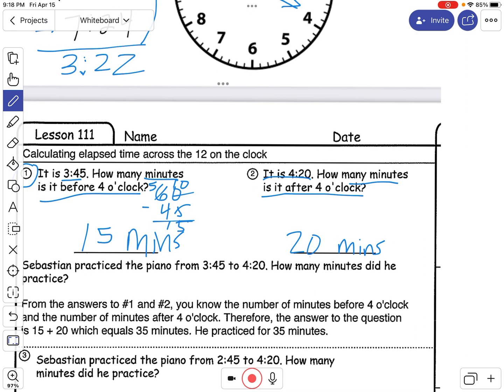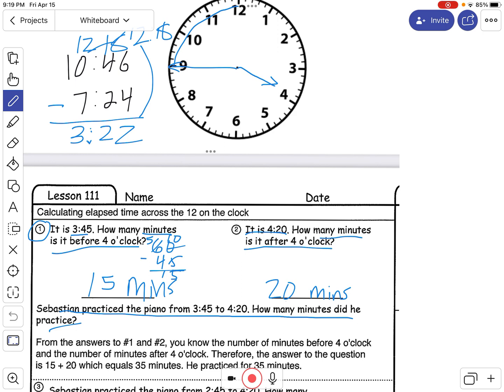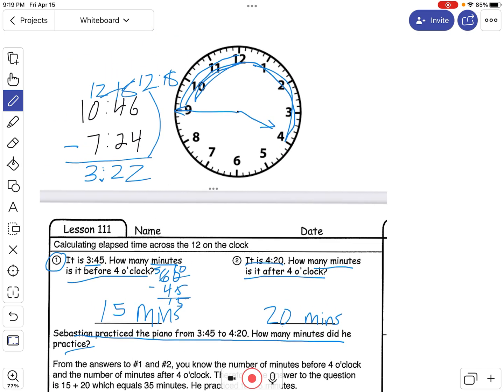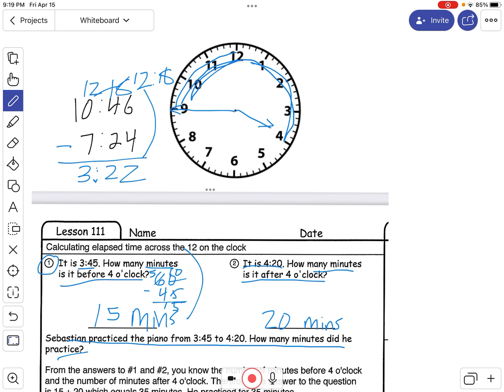Now, it says Sebastian practiced the piano from 3:45 to 4:20. How many minutes did he practice? So we're going from 3:45, like you see here on the clock, around to 4:20. What we're going to do is, we've already done the problem here and here, two parts to it.